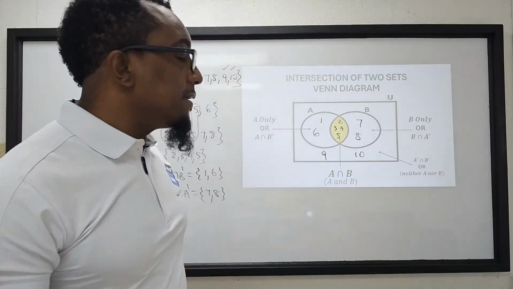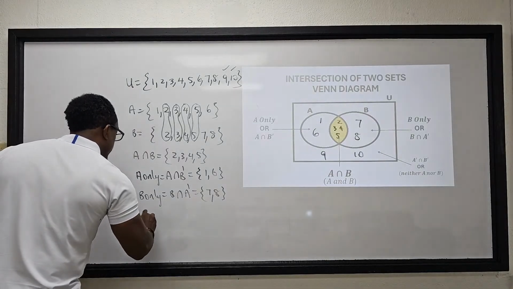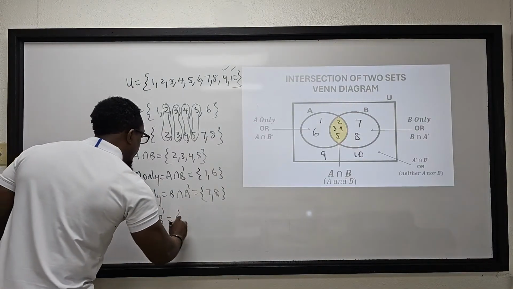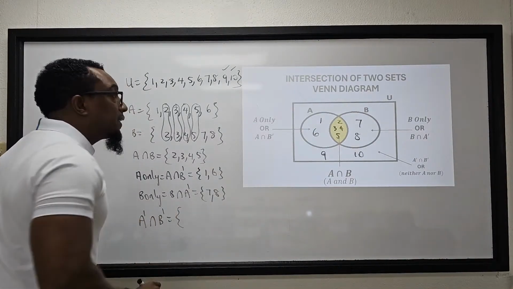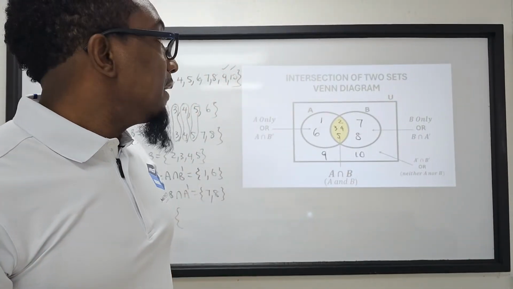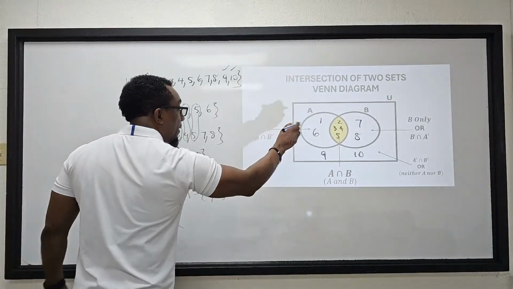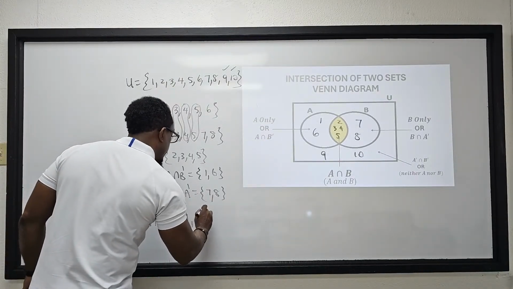And we know that the elements of A complement intersect B complement, which are elements that are in neither A nor B, that will be 9 and 10, which is placed anywhere outside of your circle.